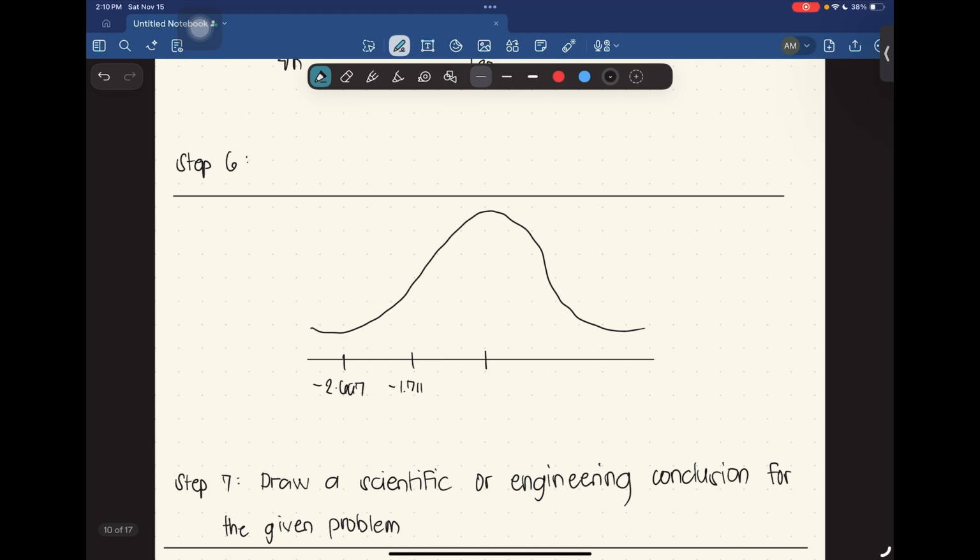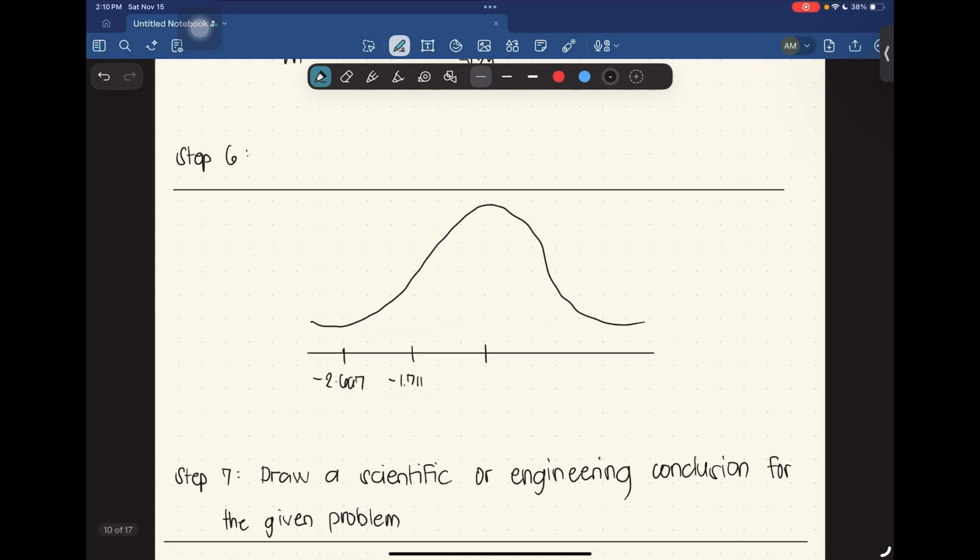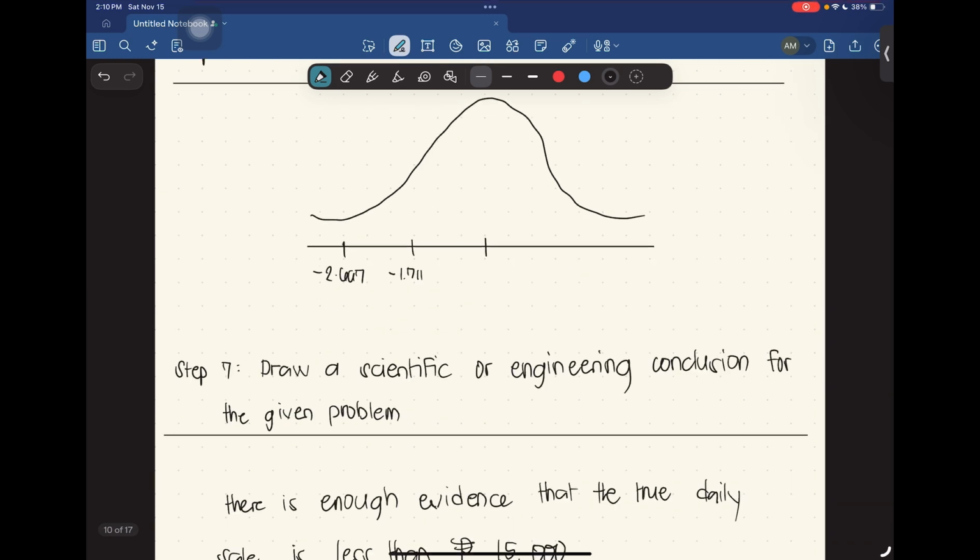We can see the computed value falls in the rejection region. So, we can reject the null hypothesis.